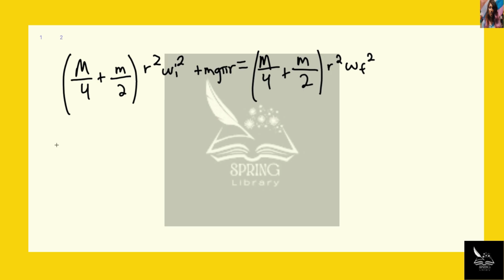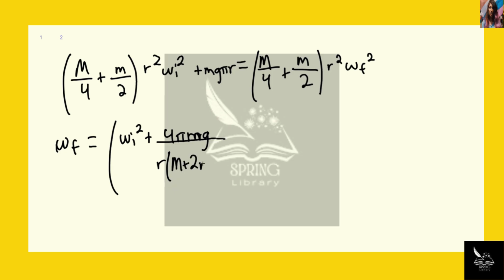And we find that omega final is going to be equal to omega initial squared plus 4 pi m g, all divided by r times M plus 2m, all to the half power.